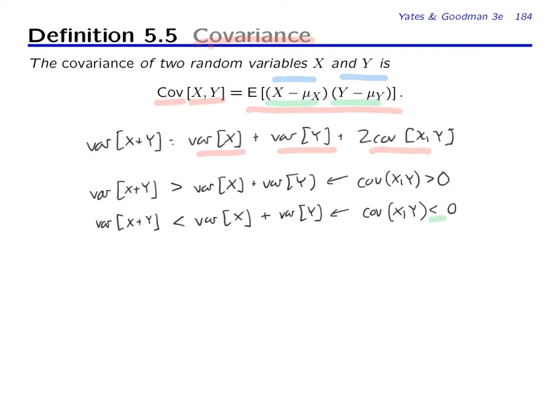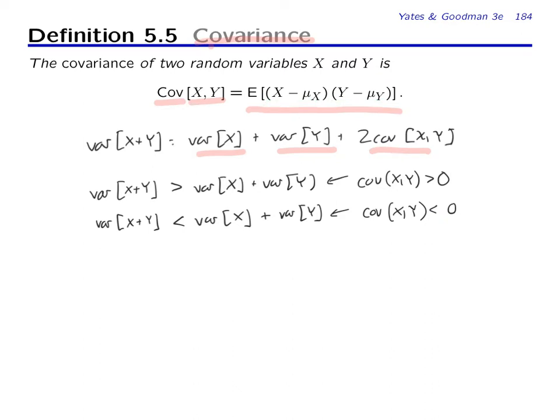And what that corresponds to is if x is bigger than its mean, so the x term is positive, then the y term will have to be negative, and so y is less than its mean. In simple terms, the covariance is negative if when x goes up, y tends to go down, or vice versa. When y goes up, x tends to go down.